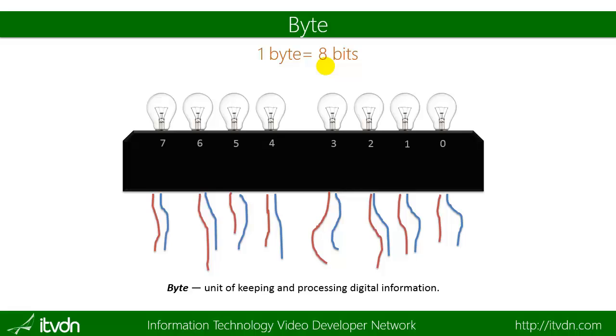If you need to add one more bit to this byte, you have to have another byte. Now you can have 9 bits but 2 bytes. A byte is a unit of keeping and processing digital information. And as we go to the next slide, I'll show you more about a byte.